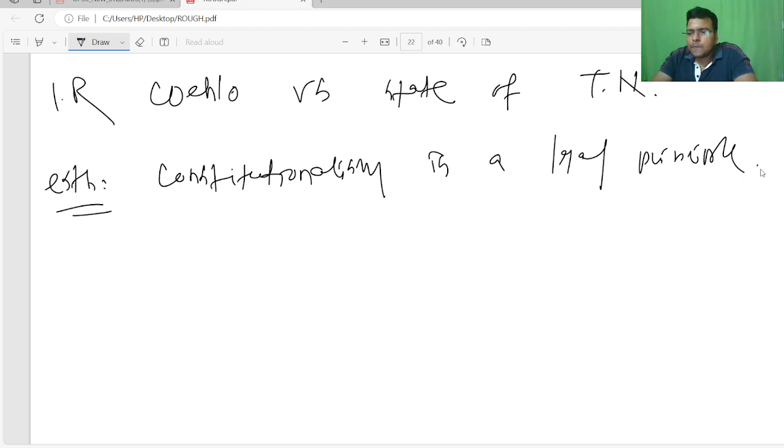The legality of constitutionalism is established in I.R. Coelho versus State of Tamil Nadu.